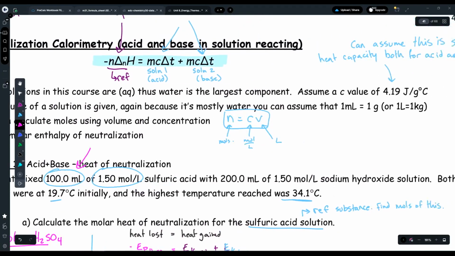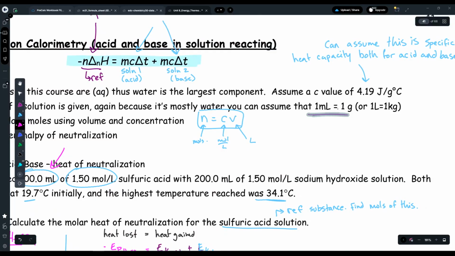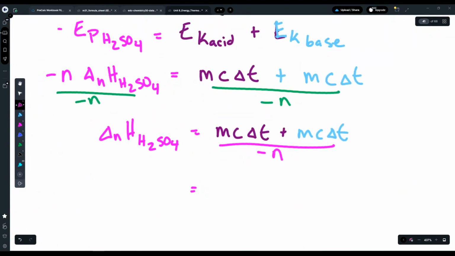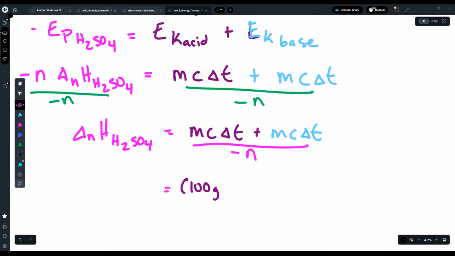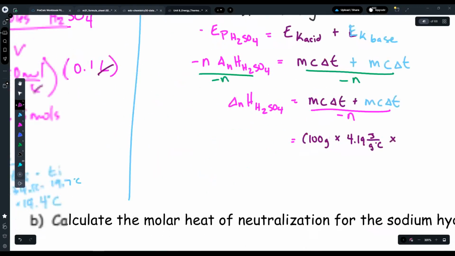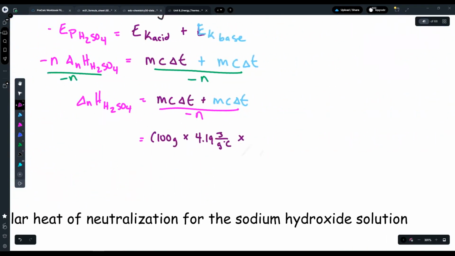But just as a reminder, 1 milliliter is equal to 1 gram. So this is going to be 100 grams of our sulfuric acid times the specific heat capacity of both our acids and our bases. Since they're mostly made up of water, they're going to have the same specific heat capacity as water. And then our change in temperature was 14.4.